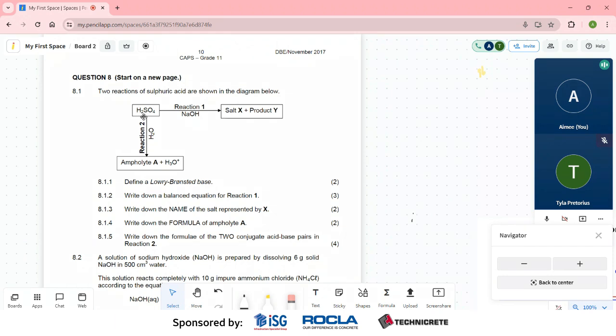Here we've got H2SO4 plus NaOH giving us salt X and product Y. And here we've got H2SO4 plus H2O in reaction 2 giving us ampholyte A plus H3O+. Remember, an ampholyte describes a substance that is capable of acting as either a base or an acid.